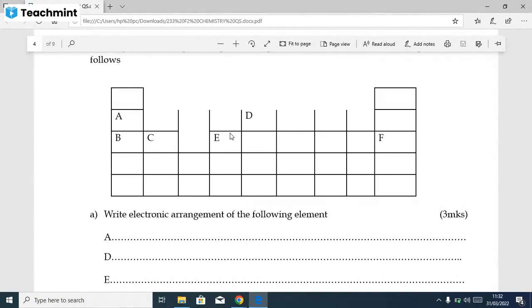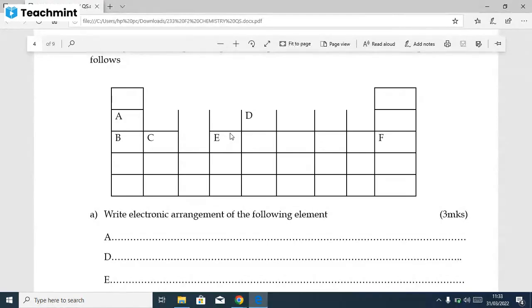Let's go back a bit because I need to explain something here. There is what we call oxidation number. There is charge. There is valency. Oxidation number, charge, and valency. All of them talk about the number lost or gained by an atom.